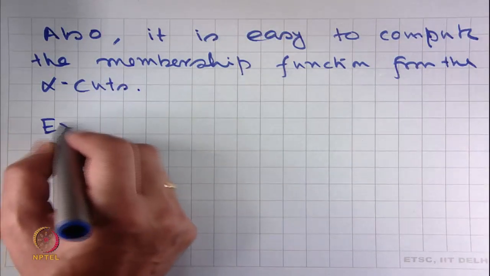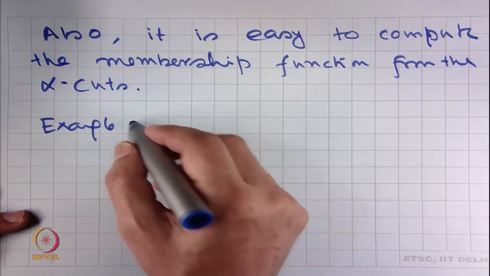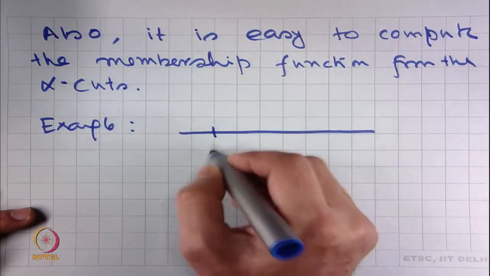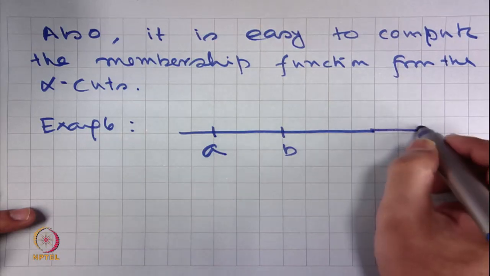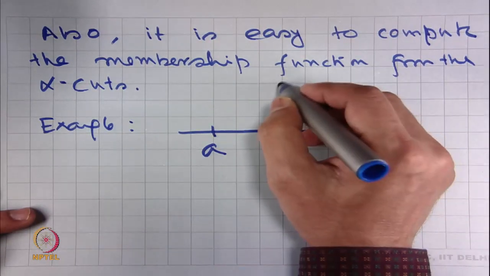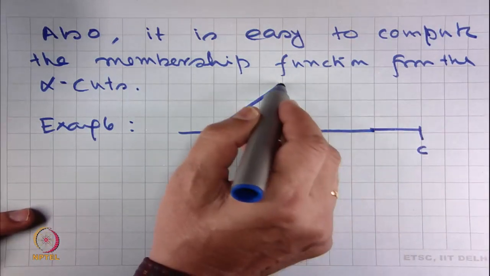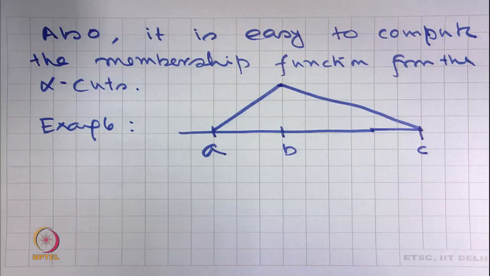Example, suppose we have a fuzzy number like this.